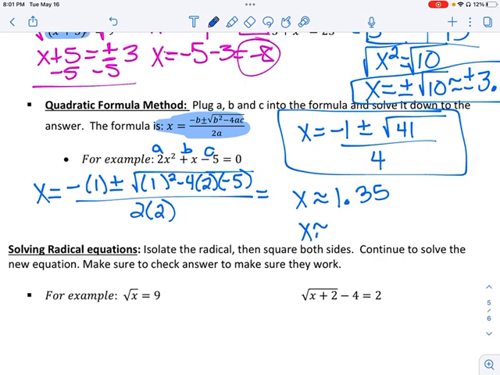And then you're going to come back, change that addition to a negative. So 41 square root, make it negative though. And then we're going to minus 1 from that. And then we're going to take that divided by 4, and we end up with negative 1.85. Okay, so there are our two solutions to that.